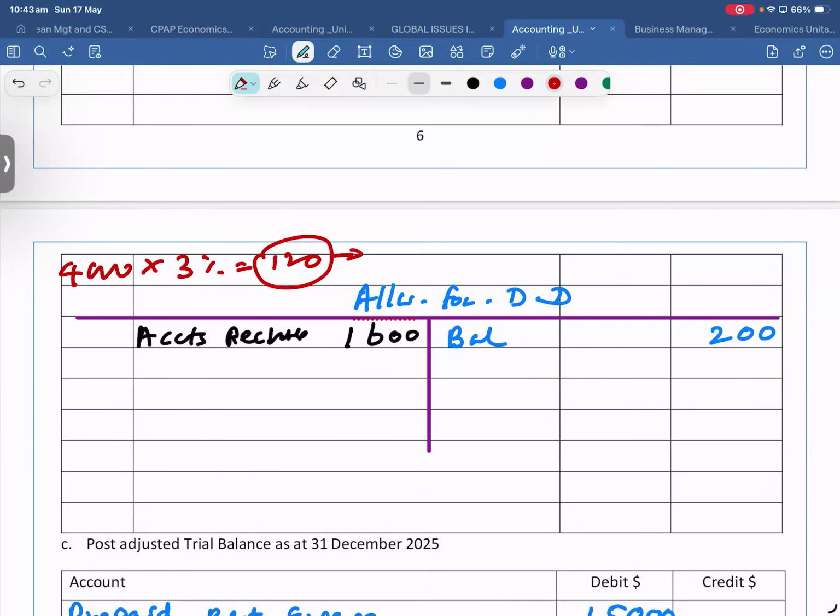We are saying, look, we have 120 from people who would not pay. So it's going to be the balance for the next period. On January 1st, we are saying we are not sure about this 120. To have 120 on the credit side, we should have carried it forward from the debit side as the closing balance on December 31st.